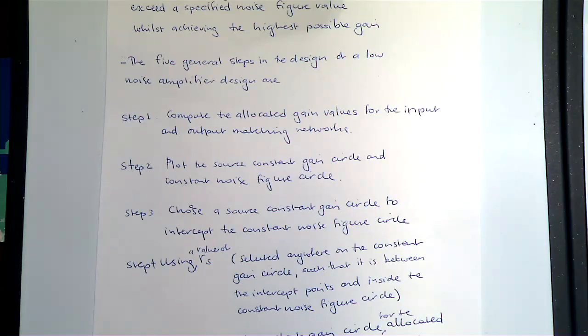And if we do that, it says that the gain is essentially the gain of the source network, the gain of the transistor, and then the output network of a load, right? Because remember in our lectures we had GT equal to GS multiplied by G0 of the transistor multiplied by G of the load.